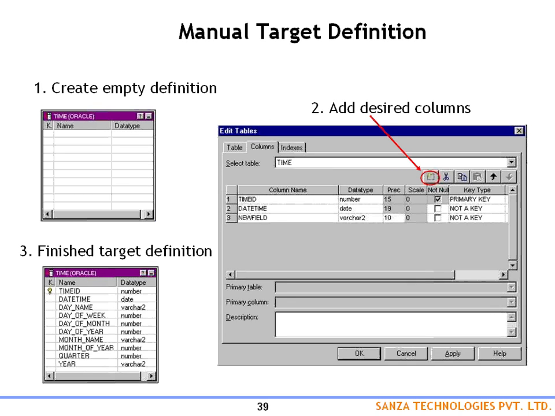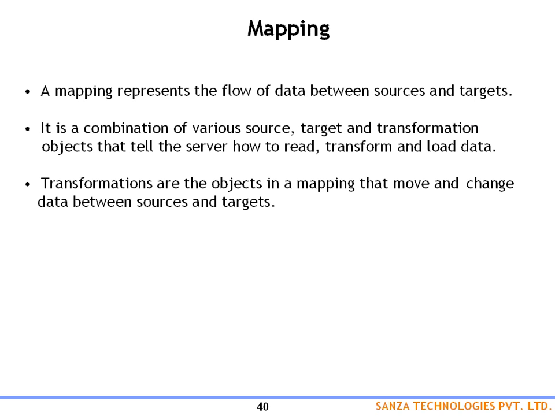So after you define the source and the target definitions, now we need to create the mapping. Mapping is nothing but the whole ETL program, which you write in a GUI in Informatica. They call that a mapping. Mapping is nothing but the flow of data from the source to target, or it is a combination of source, target, and transformation.